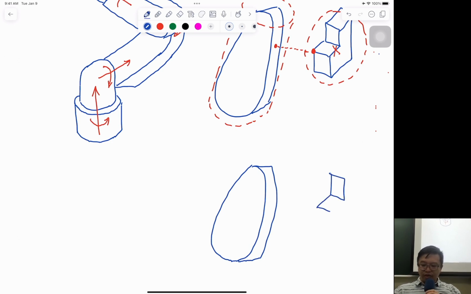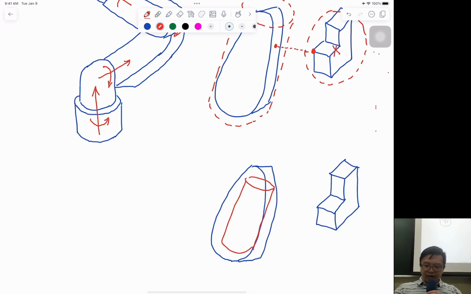So same situation, if I have a simplified geometry inside and a simplified ball inside, then when the ball and the cylinder contacts, I already collide. There's already collision.